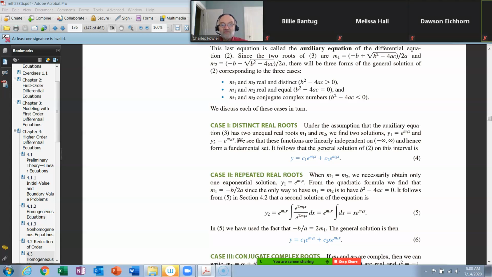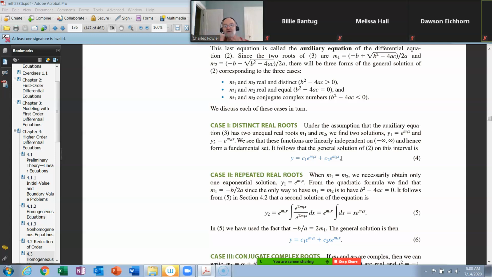We see those functions are linearly independent, all real numbers. Okay, hence they form a fundamental set. So all we have to do is go to our general solution, y is equal to C1 times e to the M1x plus C2 times e to the M2x. There's your solution right there. Done.